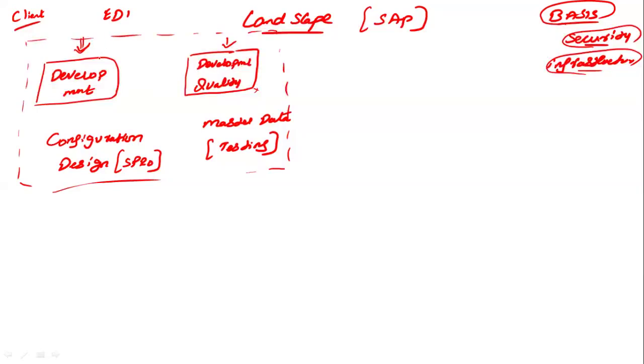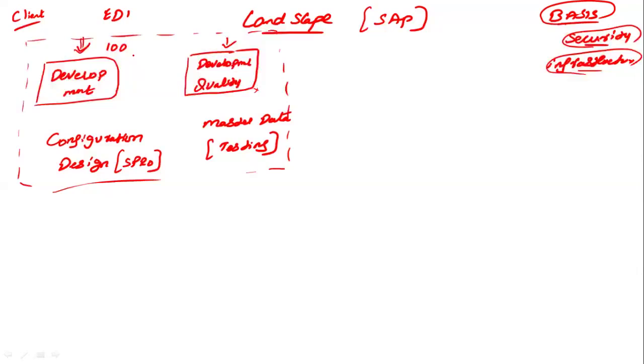Okay. So initially when we select SAP using a login pad, you will be seeing an option called client above. So currently we are using 100. In the client 100, you are going to create the configuration of the design. Okay.